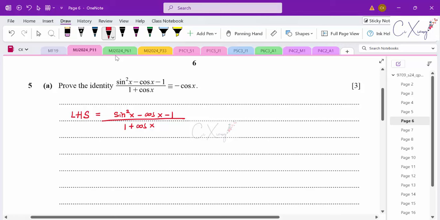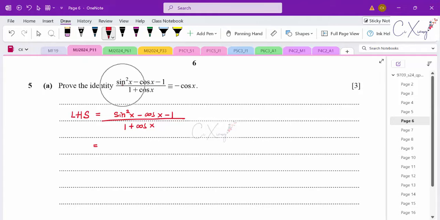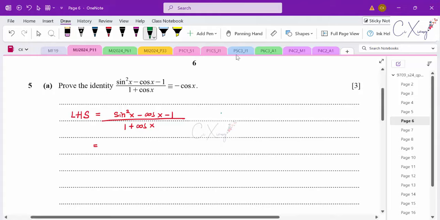So how can I simplify my equation here? First step, I want to get rid of the sine square x in my equation. There are many ways that you can make the sine square x disappear. One of them is to use the identity sine square x plus cos square x equals 1.